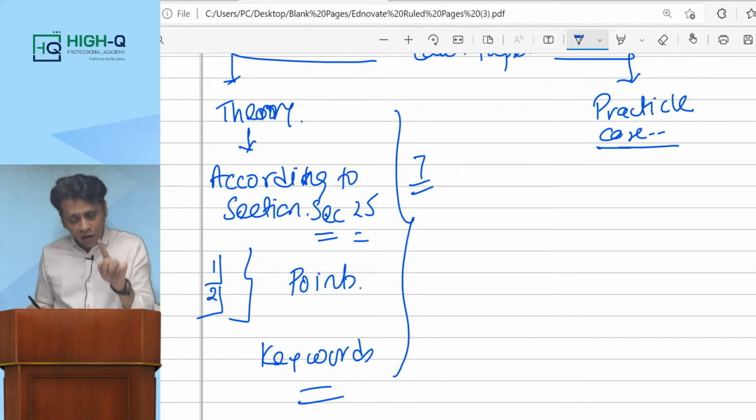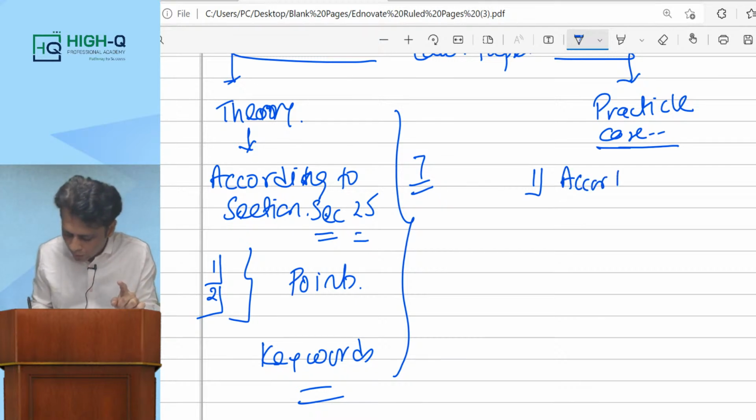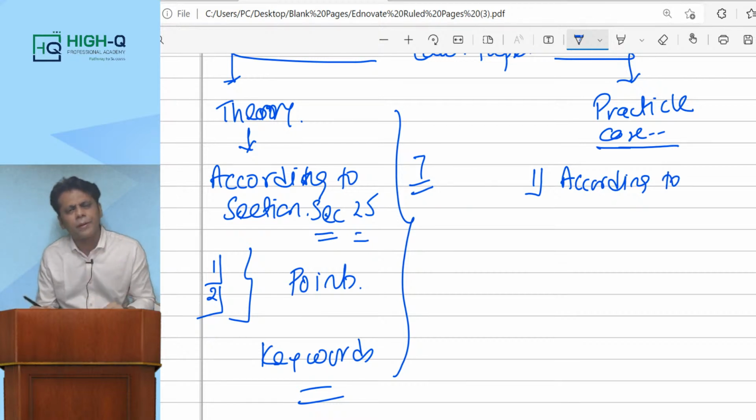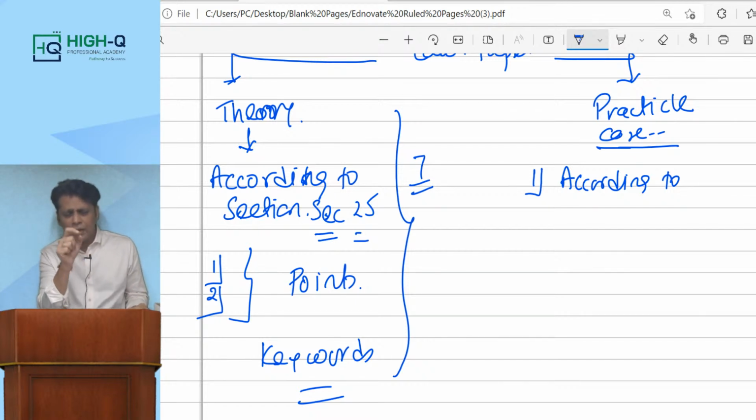And here also our starting will be the theory. It means what? According to. Now you have seen one case study, and you want to answer that, right? So first of all, you have to start with this particular provision that is applicable.